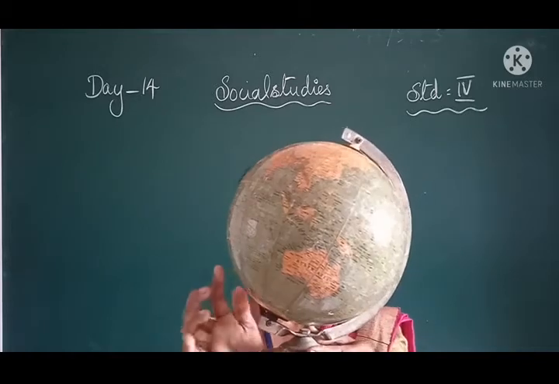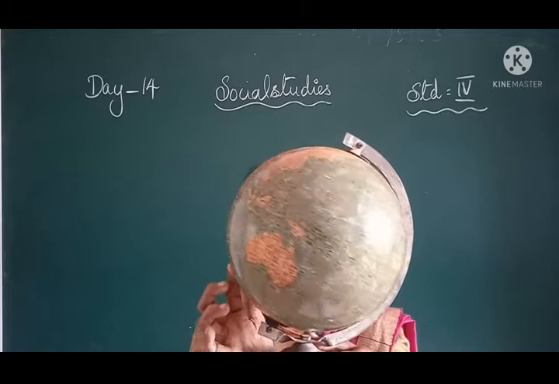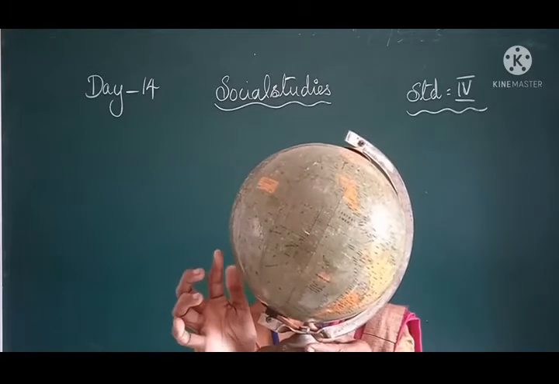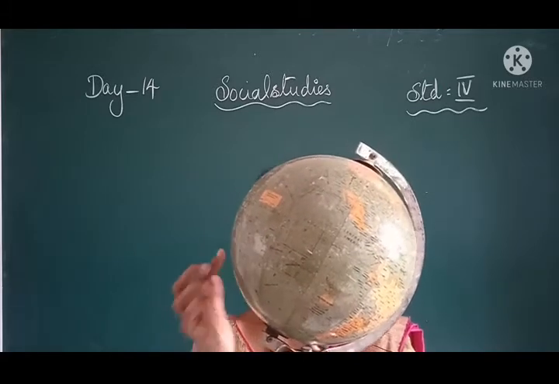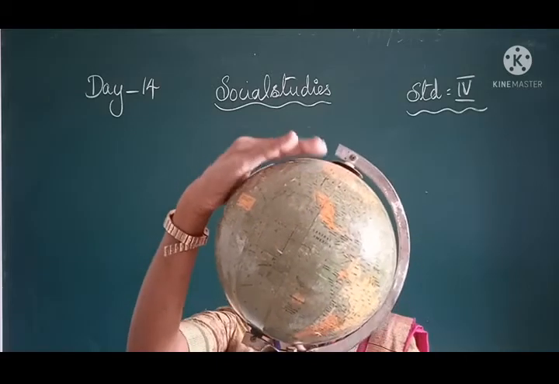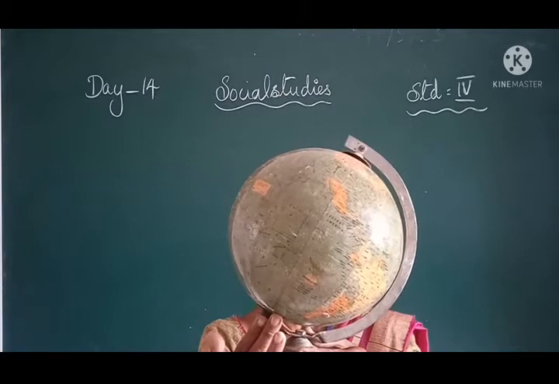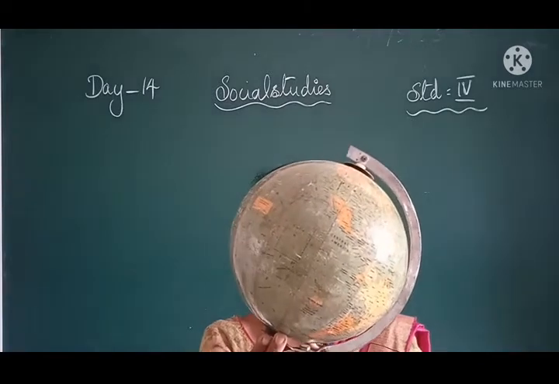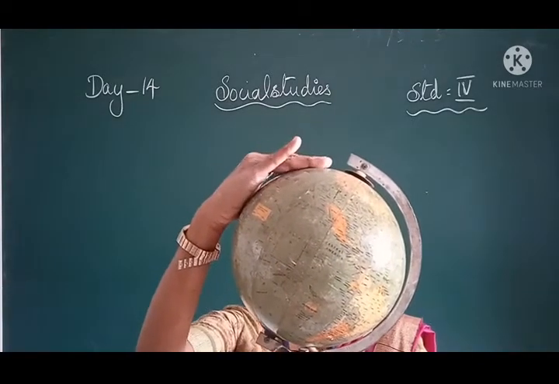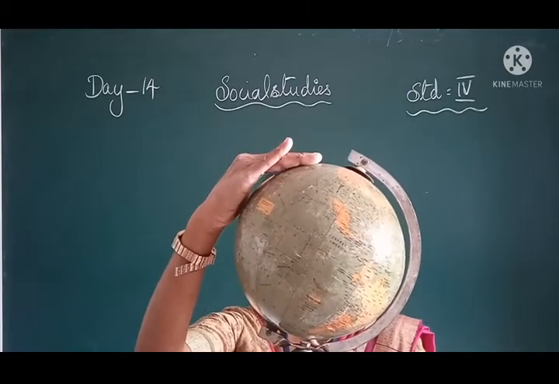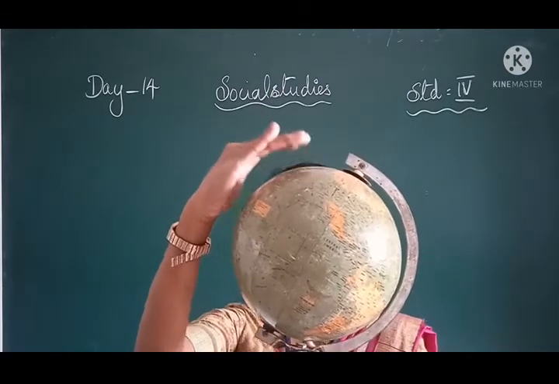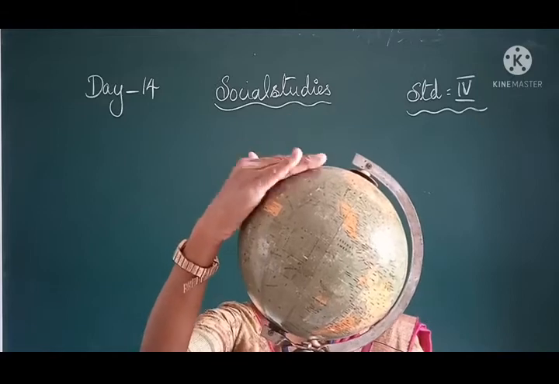At the same time, it moves around the sun. As it has a tilt, sometimes this north pole and sometimes the south pole gets nearer to the sun.